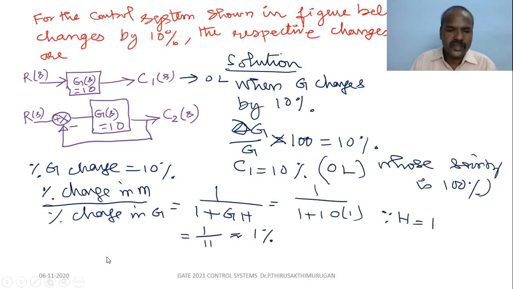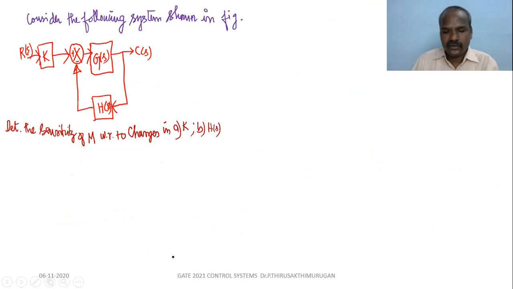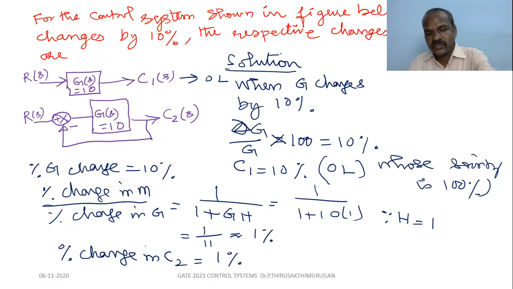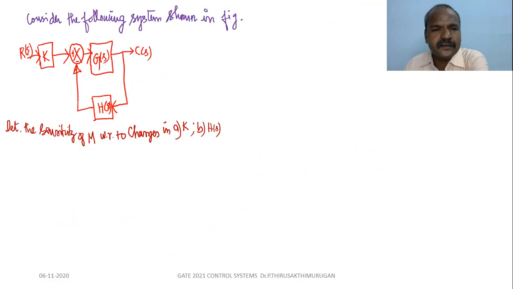So the percentage change in C2 is only 1%, whereas the percentage change in C1 is 10%.